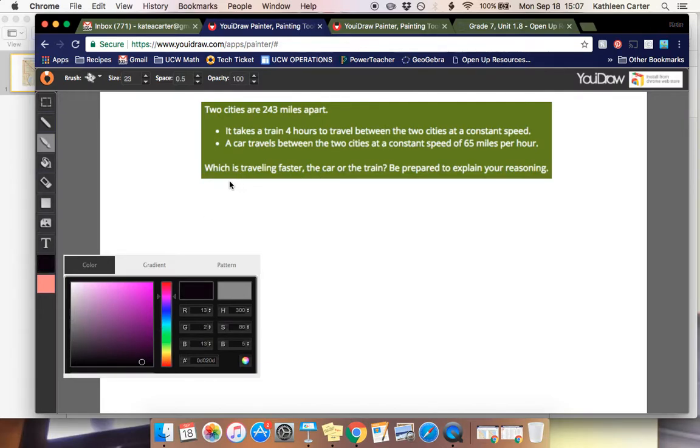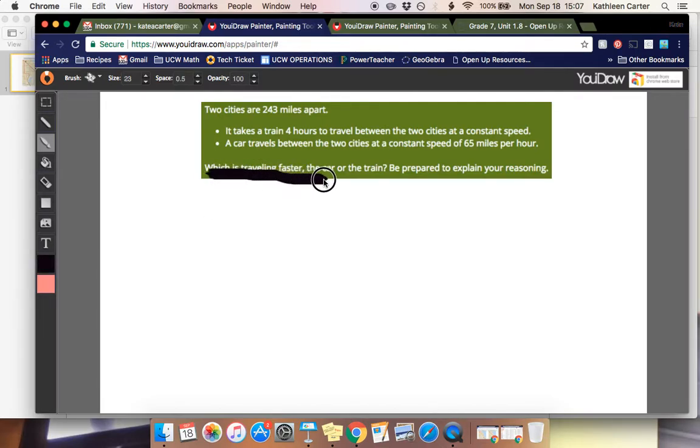Who is faster? And in order to figure out who's traveling faster, there's a few things we can think about. We can consider who's going to travel farther in a certain amount of time. We could also consider who could travel the same distance in less time, because that means they're traveling faster. I saw mostly who's going to travel farther in the same amount of time.